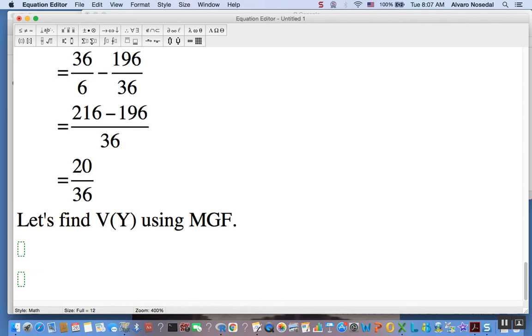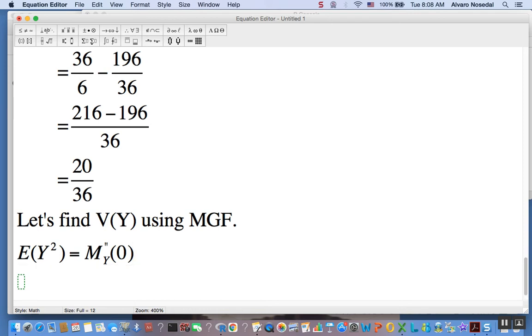And let me remind you that the expected value of y square using the MGF of y will be just the second derivative with respect to t of the MGF. So m double prime. Okay, and again remember that we're doing the derivative with respect to t, and we have to evaluate it at 0.